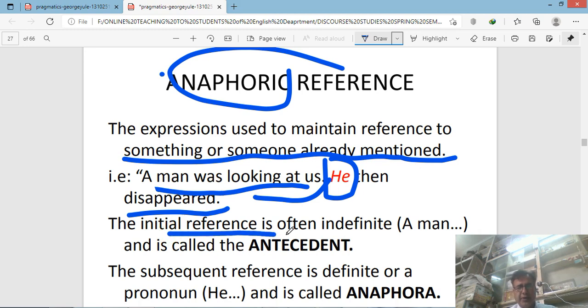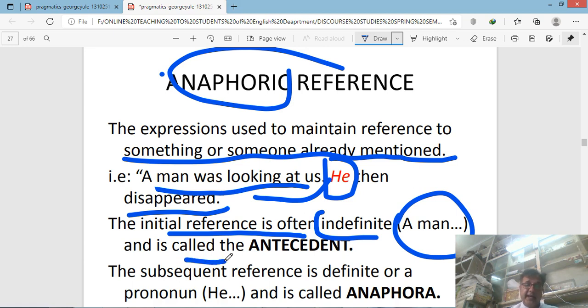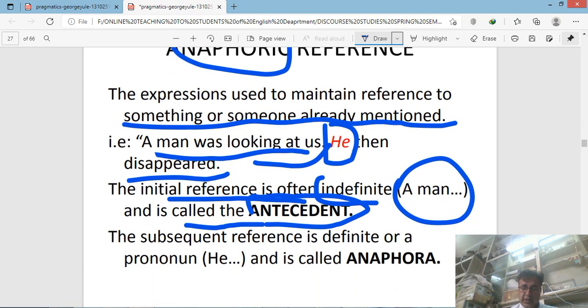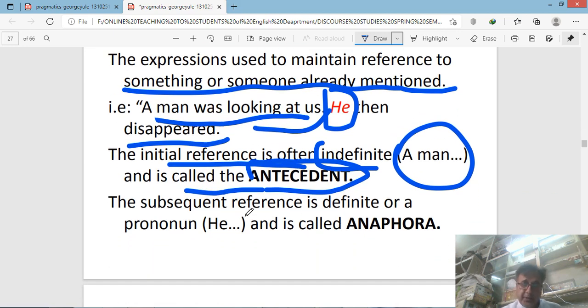The initial reference is normally of indefinite nature. It doesn't refer to anybody specific. For example, "a man" means any man it could be, and it is called the antecedent. The subsequent reference is definite, or a pronoun like "he", and it's called anaphora.